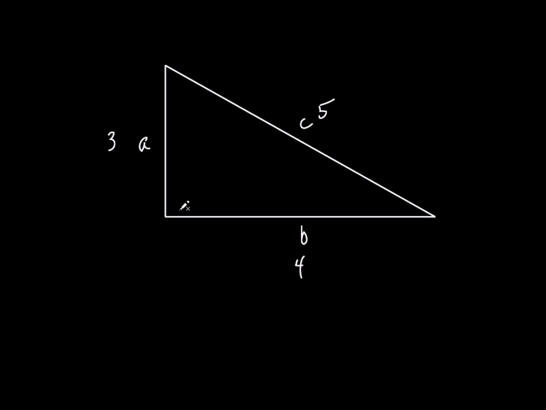Now, I didn't tell you that this was a right triangle, but I did tell you the measures of the 3 sides. With that said, what do you think might be true about this particular triangle? Well, you're probably right.